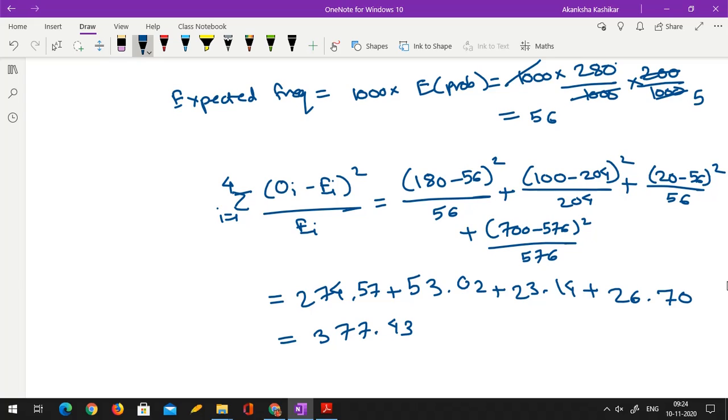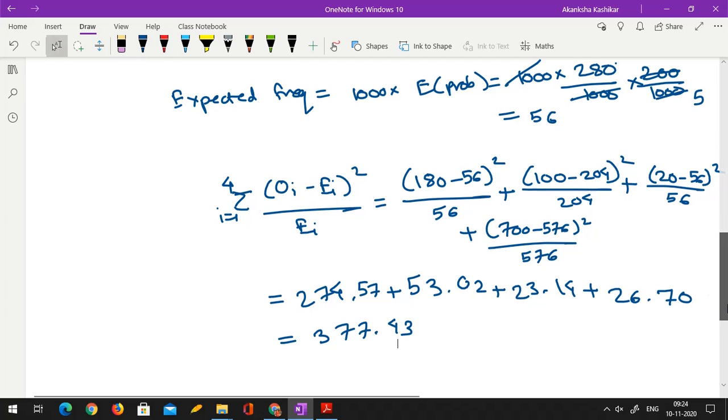Now we have to compare this with the tabulated value of the chi-square test statistic and decide whether this is large enough to reject H0. Okay.